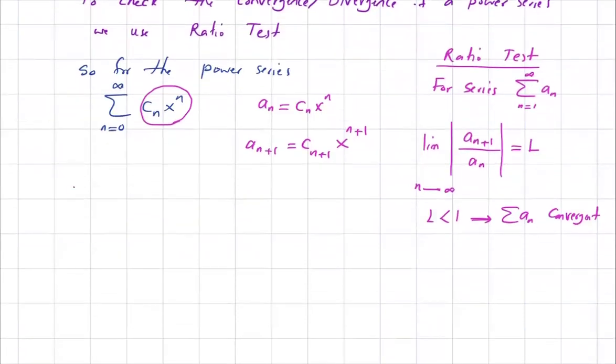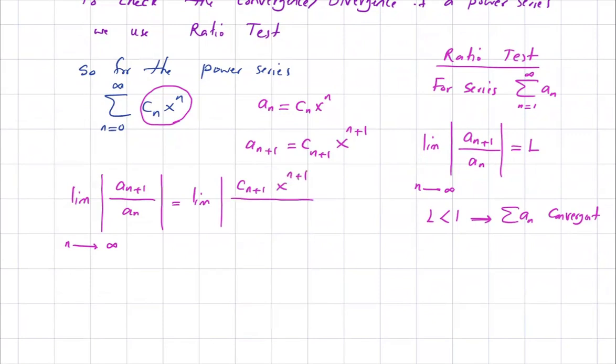We are taking the limit of the absolute value of a sub n plus 1 divided by a sub n as n goes to infinity, or basically you're finding the limit of the absolute value of c sub n plus 1 x to the power n plus 1 divided by c sub n x to the power n as n goes to infinity. This must be less than 1, so we get a convergent power series.